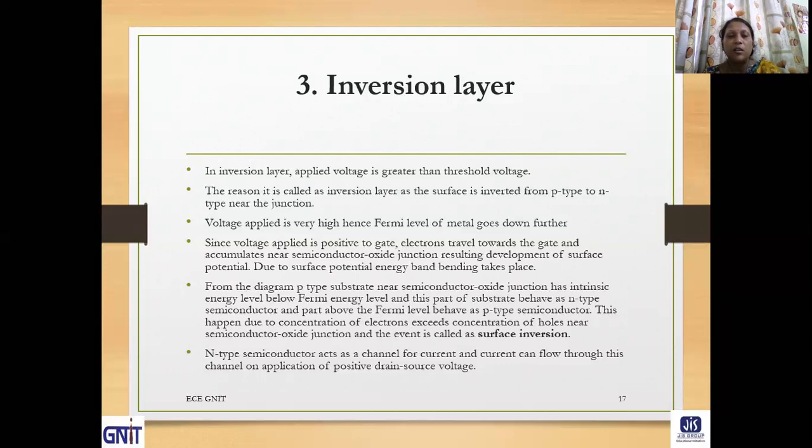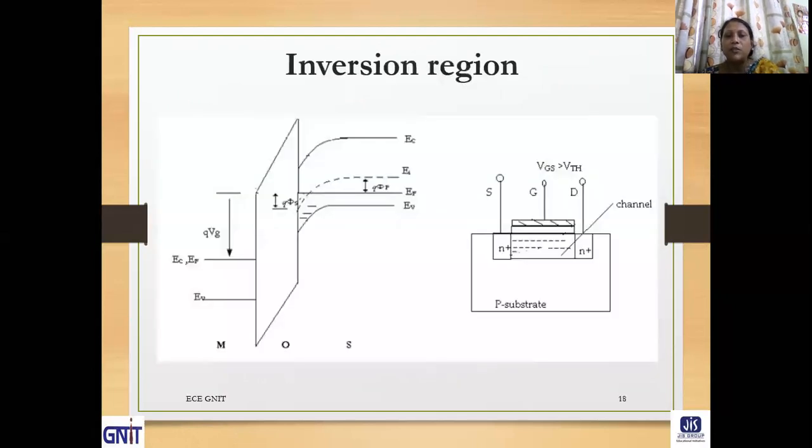This happened due to concentration of electrons exceeding concentration of holes near semiconductor oxide junction, and the event is called surface inversion. N-type semiconductor acts as a channel for current, and current can flow through this channel on application of positive drain voltage. So this is the case, inversion layer, as the substrate is of P-type, because the channel that is induced is of N-type.